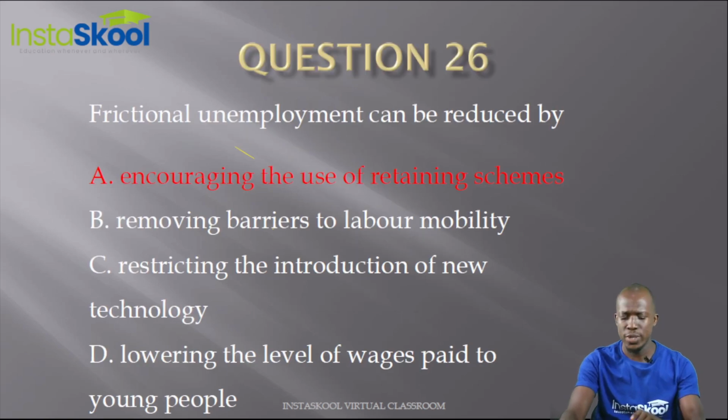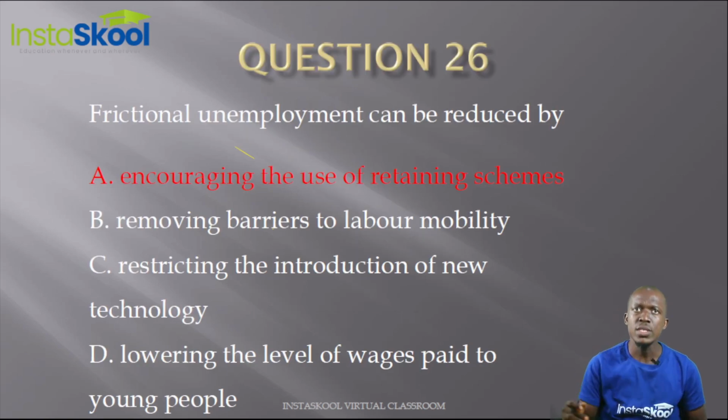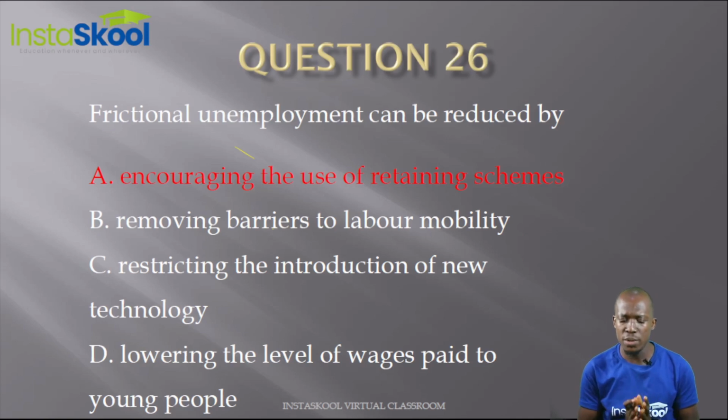Question number 26. This says frictional unemployment can be reduced by dash. Is it by encouraging the use of retaining scheme, or by removing barriers to labor mobility, or restricting the introduction of new technology, or lowering the level of wages paid to young people?